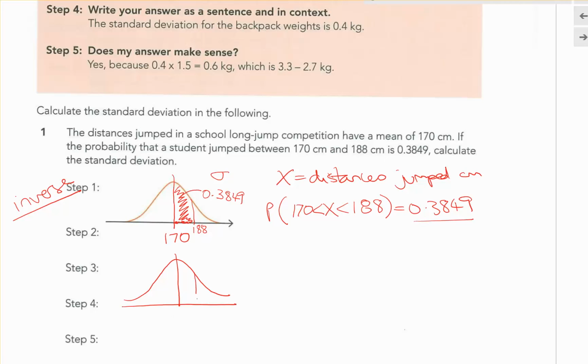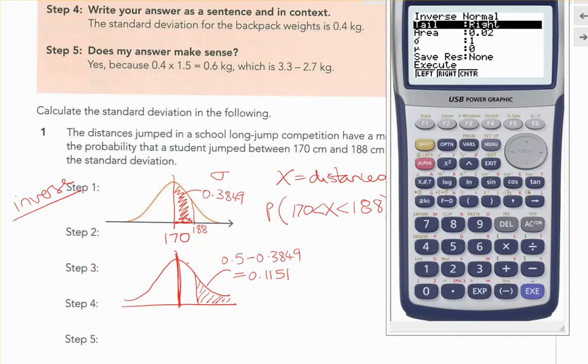A right tail, and instead of using the 0.3849 area, we could use the area this side of it, which is the right tail. Now obviously this is halfway. The area above this is 0.5. So 0.5 minus the 0.3849 that we were given will give us this right tail area of 0.1151.